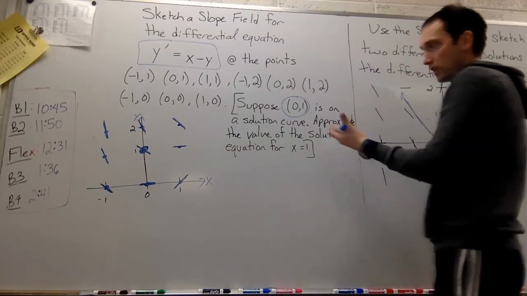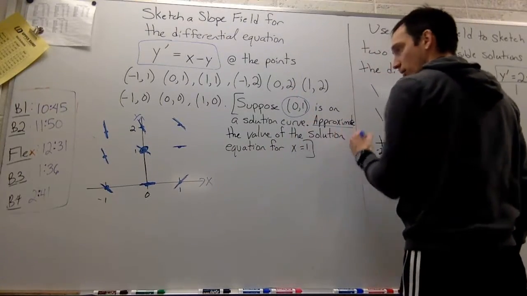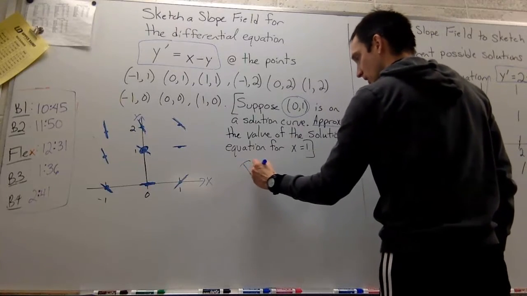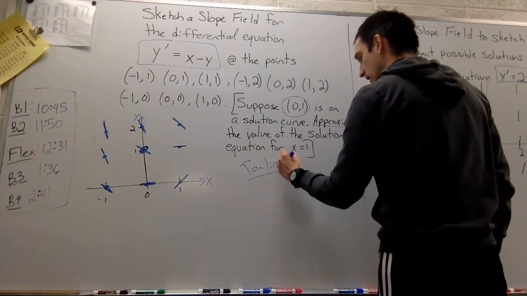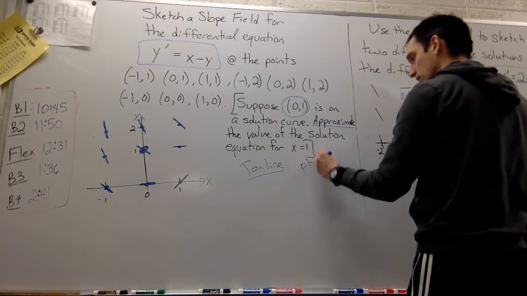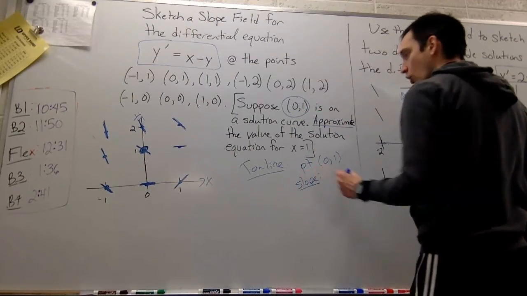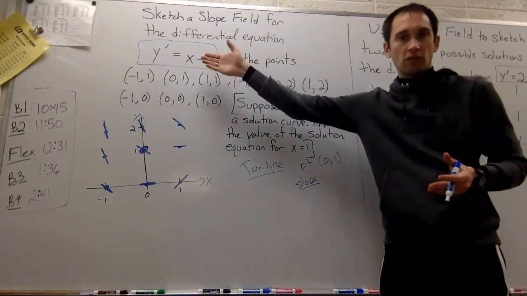Remember, if we're doing an approximation, that's going to require a tangent line. So when we talk about approximating, we're talking about a tangent line equation. And a tangent line requires a point of tangency, that's going to be 0, 1, and a slope. We got our slope from the differential equation itself.